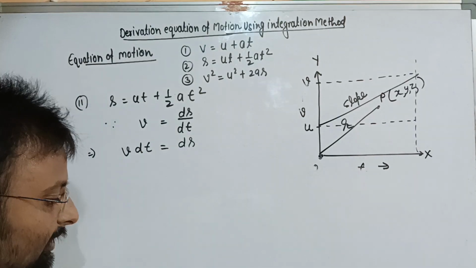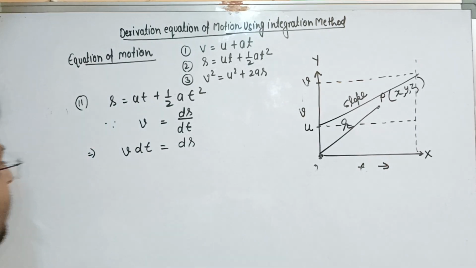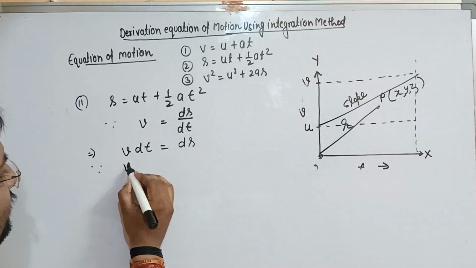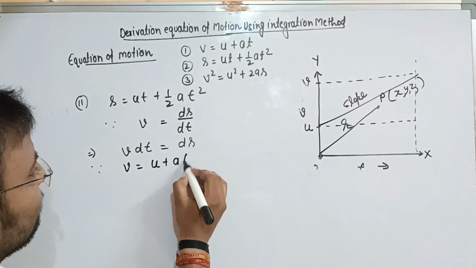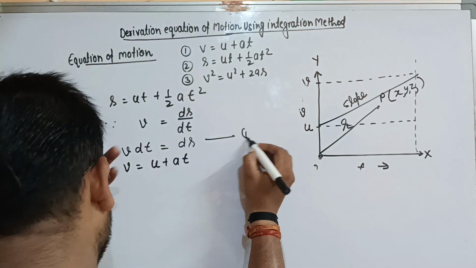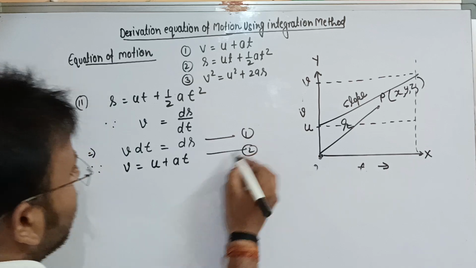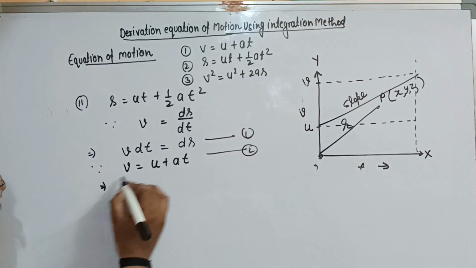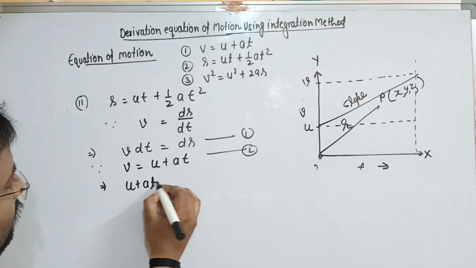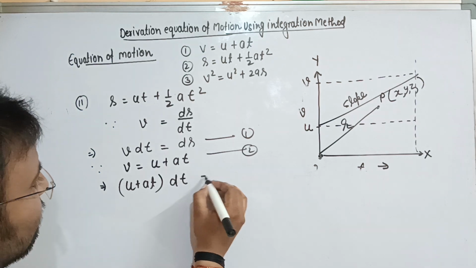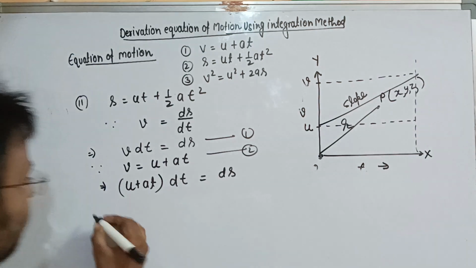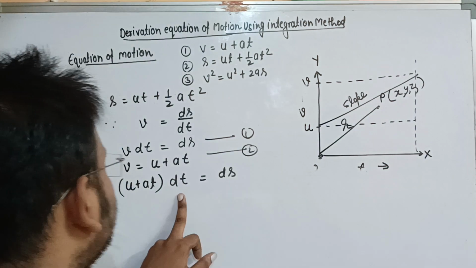We know that v is equal to u plus at, equation number 1. Applying equation number 1 in equation number 2, u plus at dt is equal to ds.